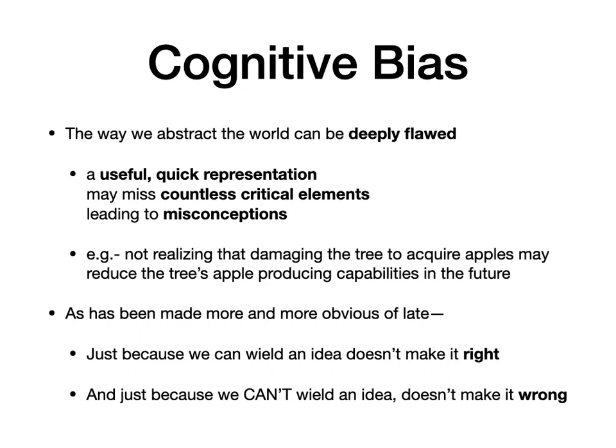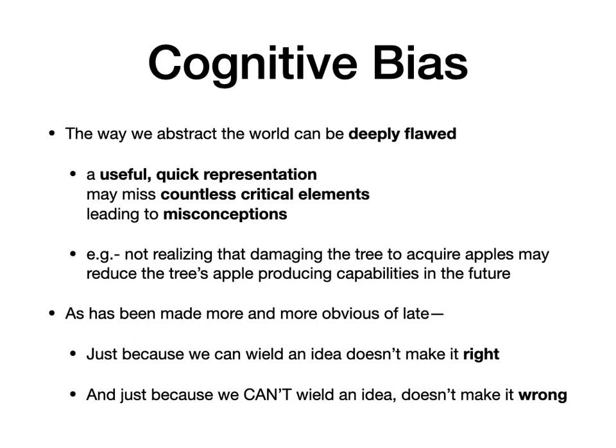For example, a useful and quick representation that's very abstract: tree, throw thing at tree and hurt, knock part of tree down, tear a limb, whatever. It may miss lots of critical elements, leading to bad misconceptions. For example, not realizing that damaging the tree to acquire apples might reduce the tree's apple producing capabilities in the future, leaving you with nothing to eat.